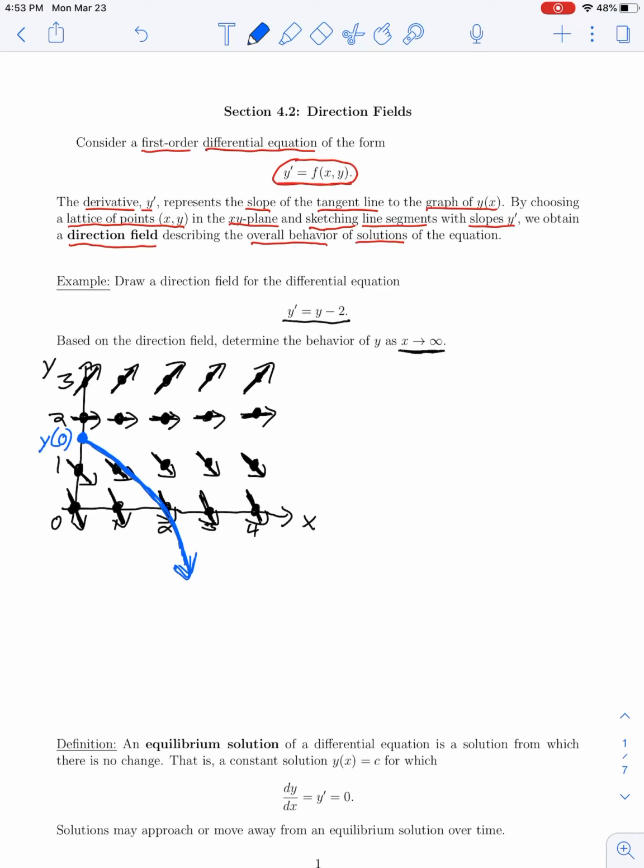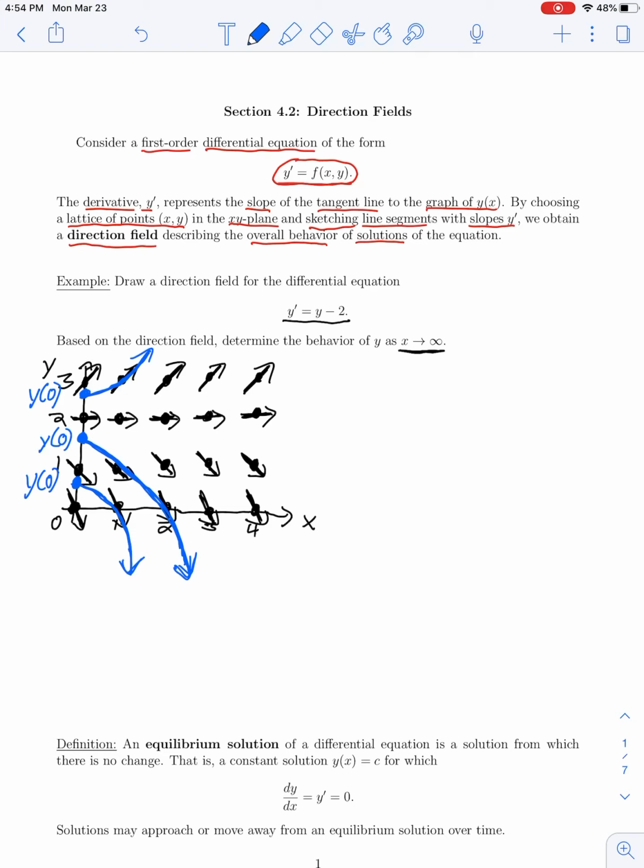Now, on the other hand, if I were to choose a different initial condition, let's say y of 0 somewhere between 2 and 3, then as our values of x are increasing, since we have a positive y prime value, our solution y of x would be increasing. And we could choose different initial conditions to illustrate different solution curves, or different integral curves, for this differential equation.